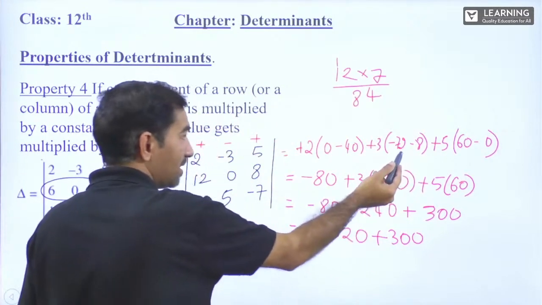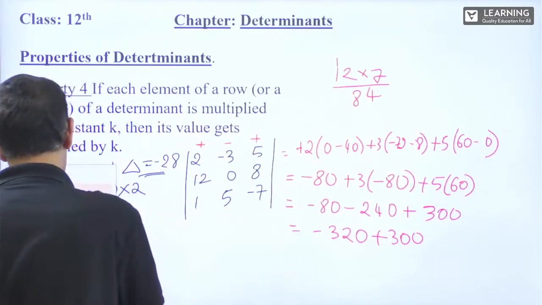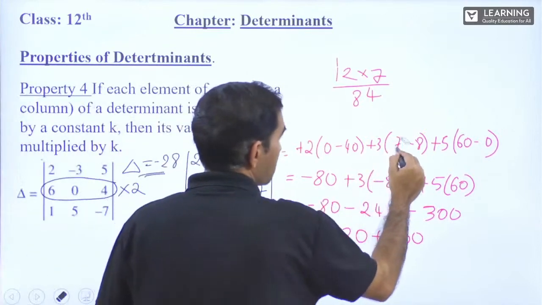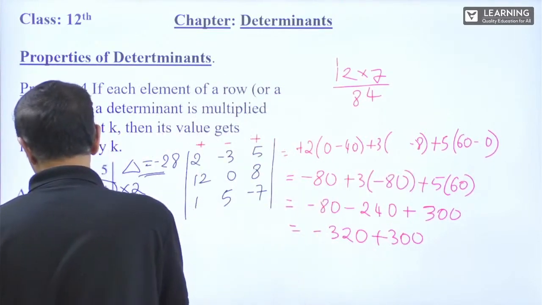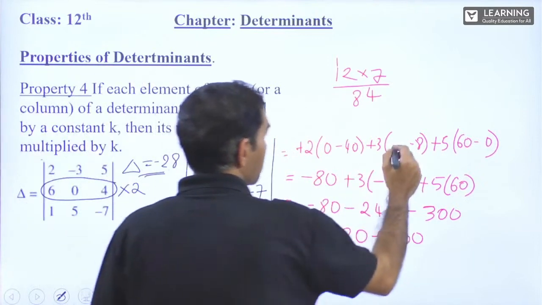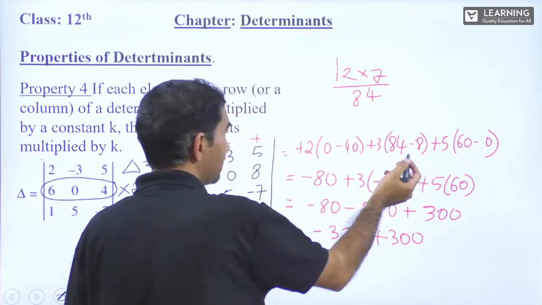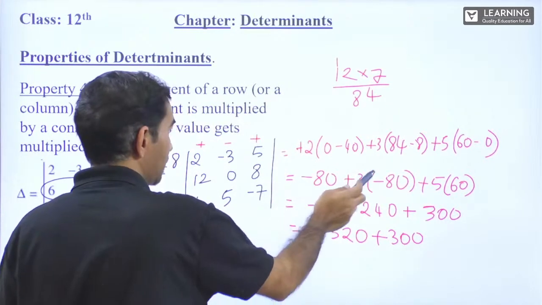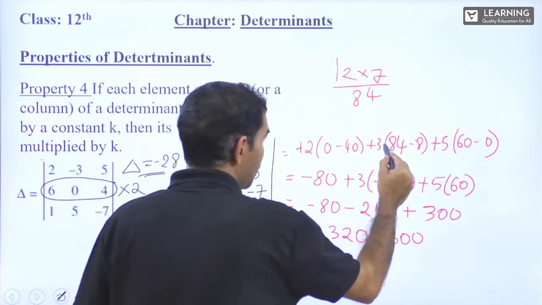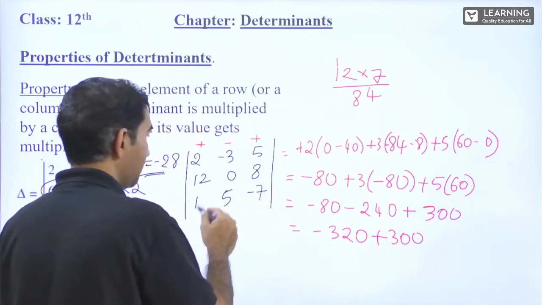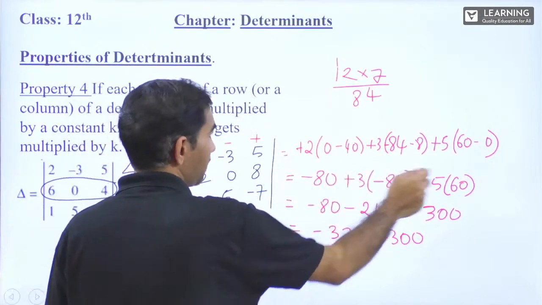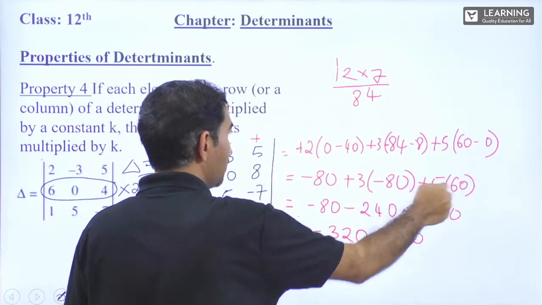Another mistake, see this minus 72 is written there. It should be 84 minus 8. So 84 minus 8 will give us how much? So once again checking. So this is minus 84, minus 84 minus 8 plus 5 of 60 minus 0, everything is fine.